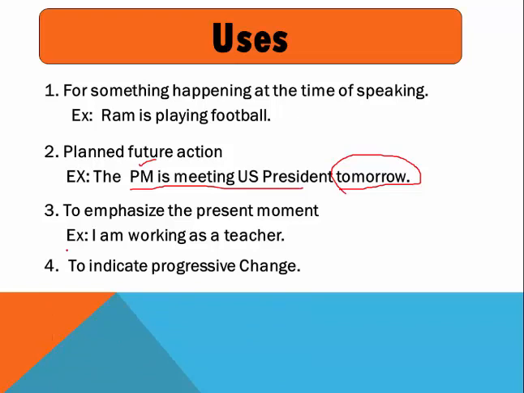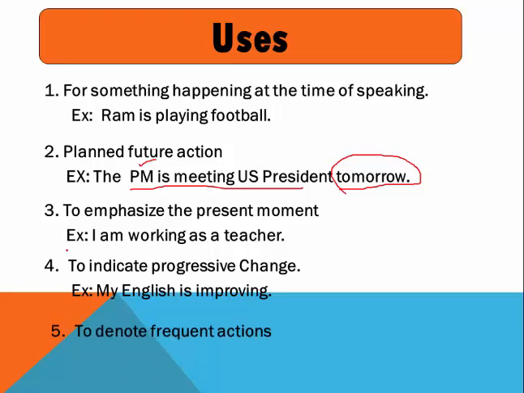And to indicate progressive change, if something is regularly changing or progress is taking place, for example, my English is improving. It is not that the thing is happening right now, but there is regular progress in the change. Also, to denote a frequent action, for example, you are always looking for faults.